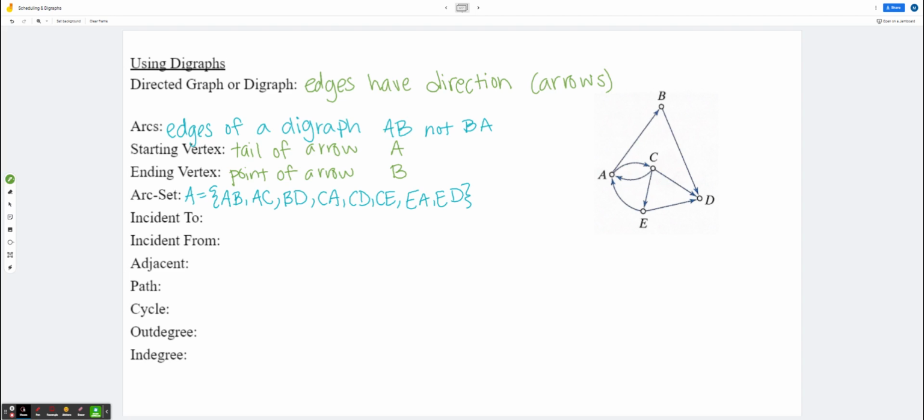Next, the next few vocabulary words are specific to a digraph, and they're a little bit weird.